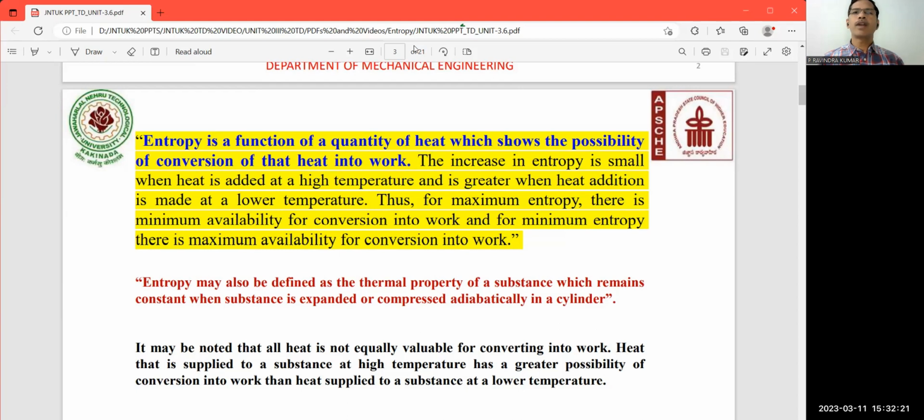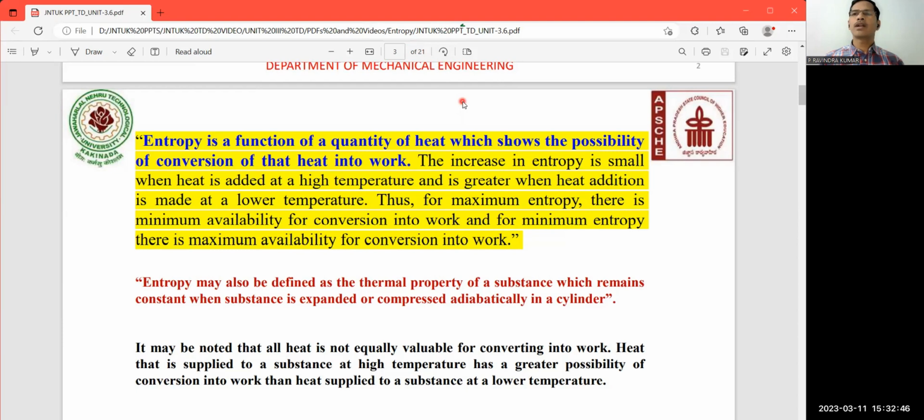Before defining this, how is it defined? Entropy is a function of a quantity of heat which shows the possibility of conversion of heat into work.